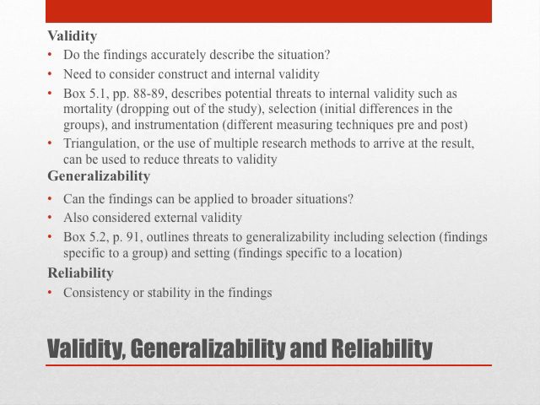In your textbook, there are some potential threats to validity, sometimes called internal validity. Some considerations are things like mortality. It can be as gruesome as somebody not surviving, but generally mortality just refers to people dropping out of the study.